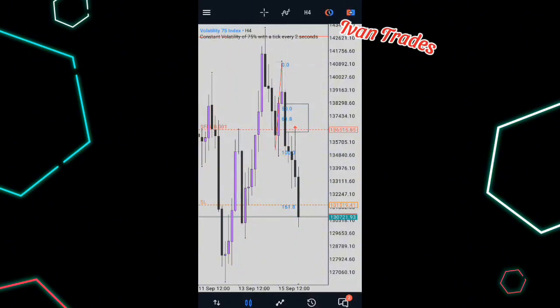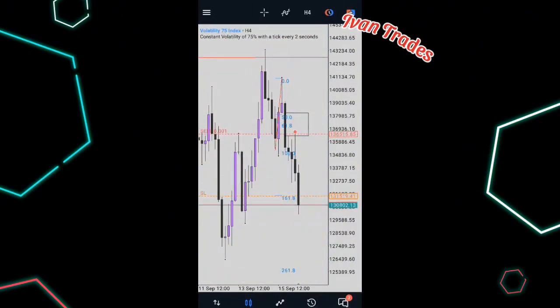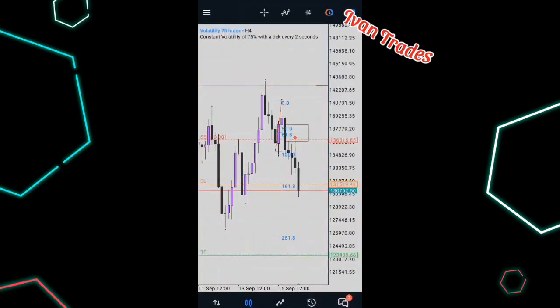So we have seen several confluences for getting short. One is that we are pro trend. Second, we have swept this high on the daily time frame. We have fair value gaps pointing lower, and we respected it.